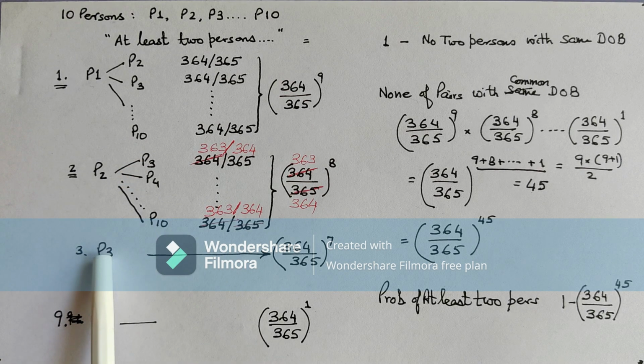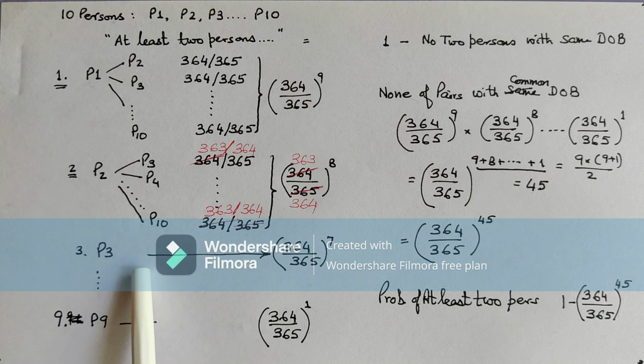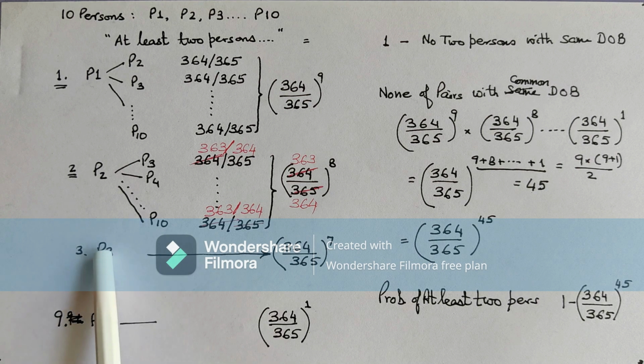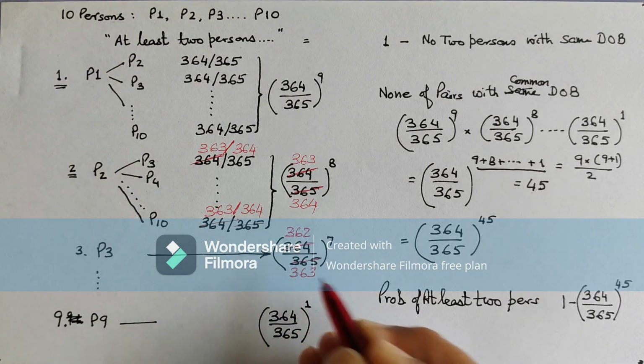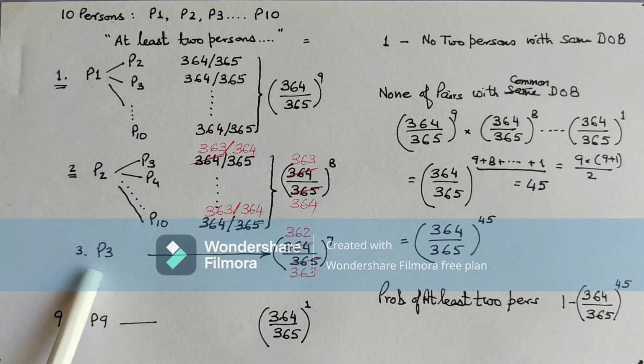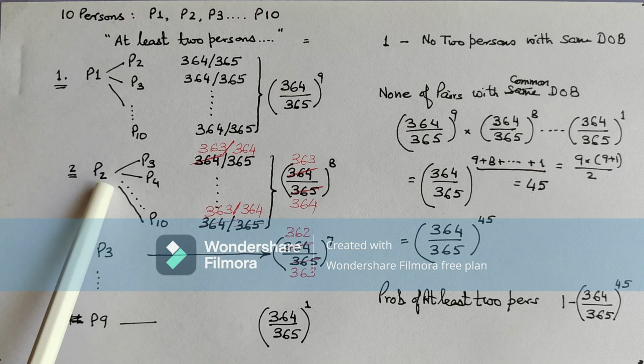So when you come to P3, his date of birth is 1 out of 363. And when we pair him with any of them, each of them has got only 362 remaining options such that he doesn't overlap with P3. So here the probability becomes, when we came to step 3, we knew P1 and P2 have got 2 different dates of birth.